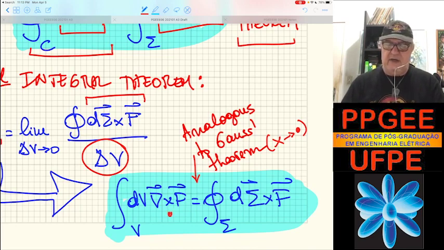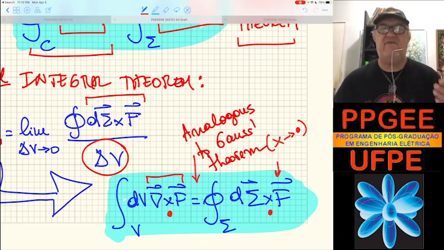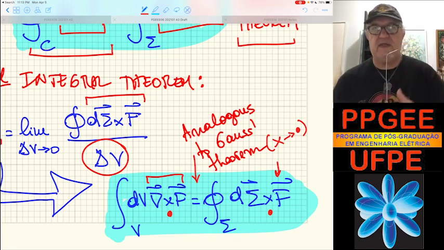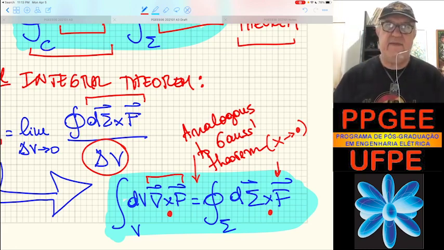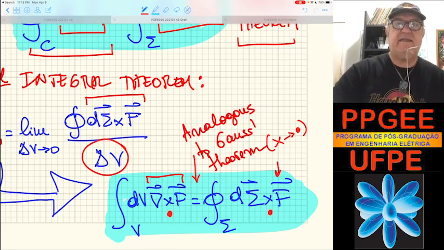Gauss's theorem has a dot here, the divergence theorem, right? So we have an analogous theorem for the curl of F integrated on the volume, which equals the cross product of the sigma with F on the surface that bounds, that surrounds the volume. Okay.